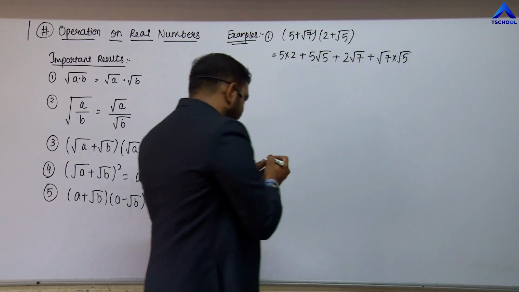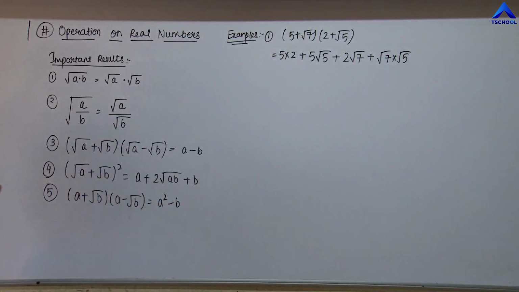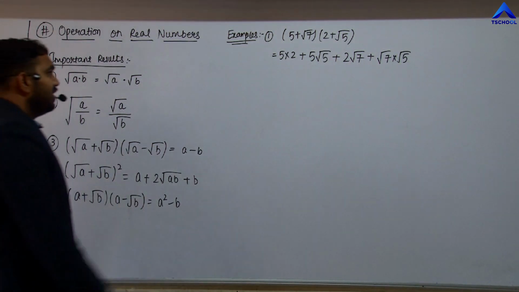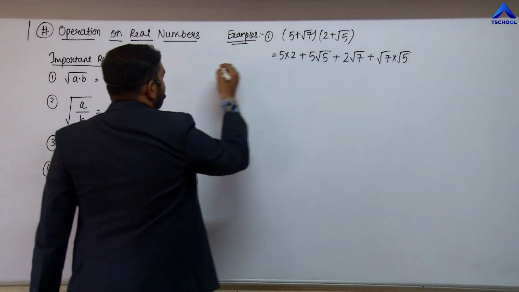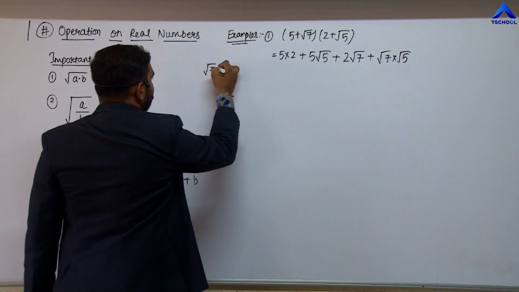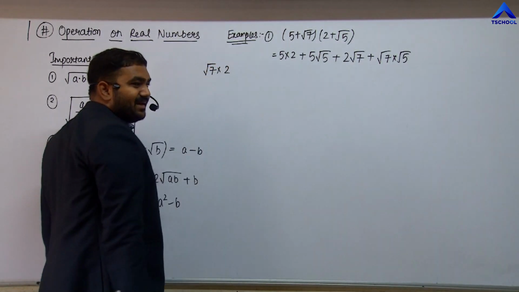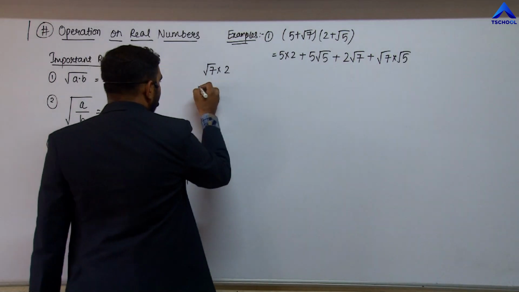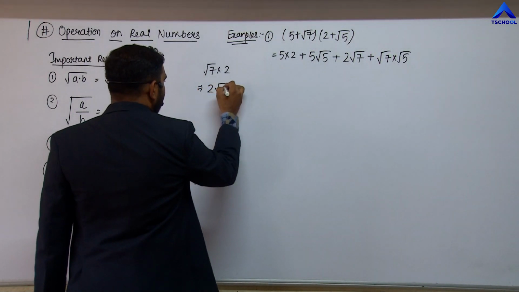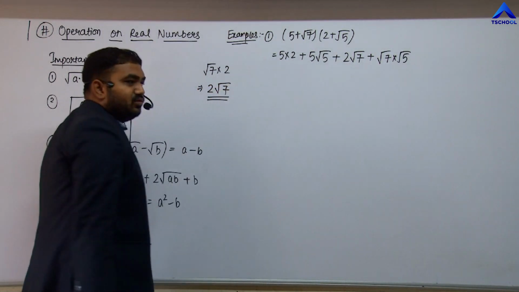See friends, whenever you write any of the irrational numbers, and you come across this kind of multiplication, that is root 7 into 2, don't write it like root 7 into 2. You will always write the number 2 root 7.